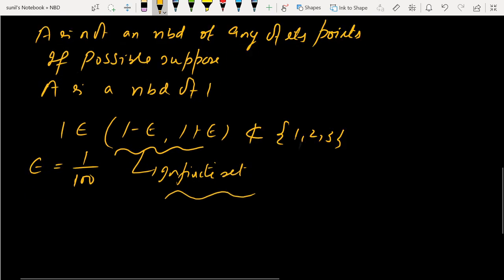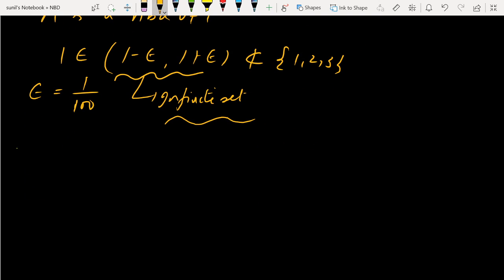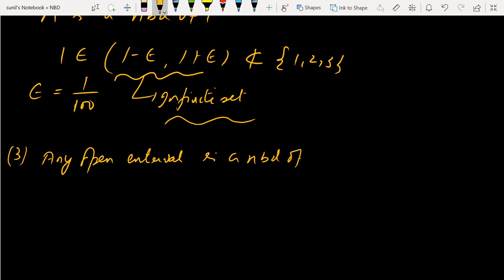Now, can I say that any open interval is a neighborhood of each of its points? Of course, yes. It is a neighborhood of each of its points.